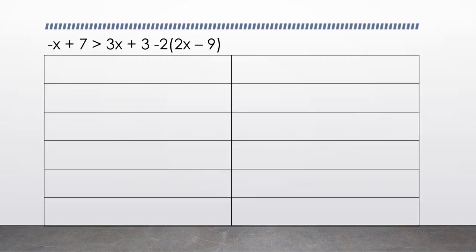Okay. So let's go on to this problem. Some more for you to consider. Here I have negative x plus 7 is greater than 3x plus 3 minus 2 times the difference of 2x and negative 7. The first thing I'm going to do is use my distributive property.